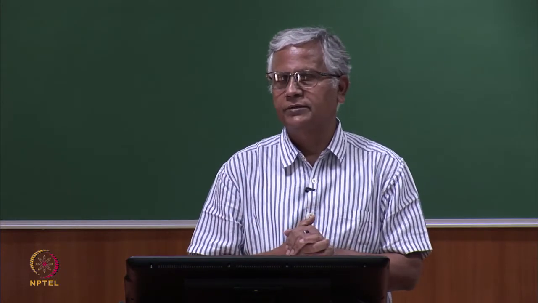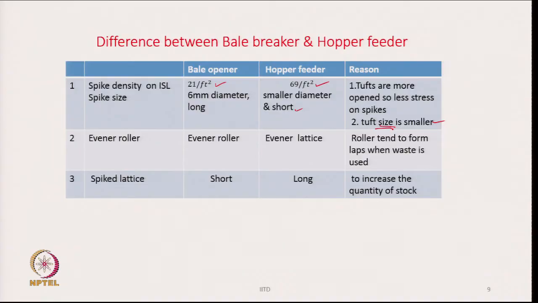They will not be lifted, they will not be carried forward. That is the difficulty we will face if we have a similar spike density in hopper feeder as we have in bale opener.